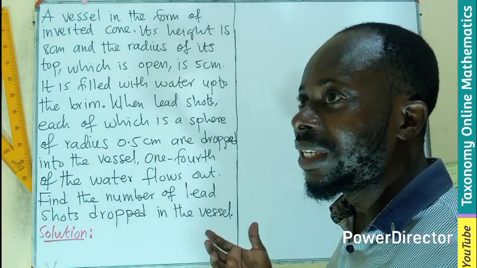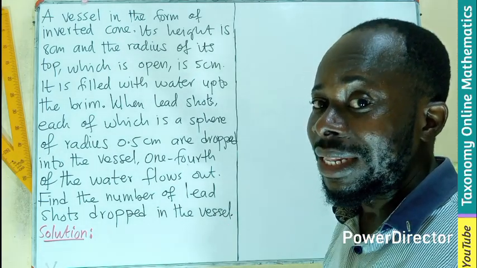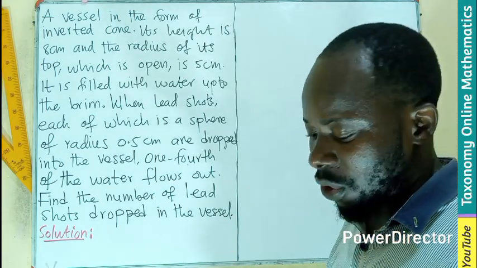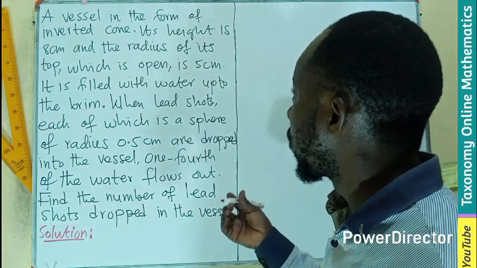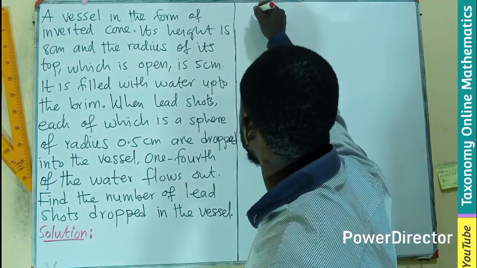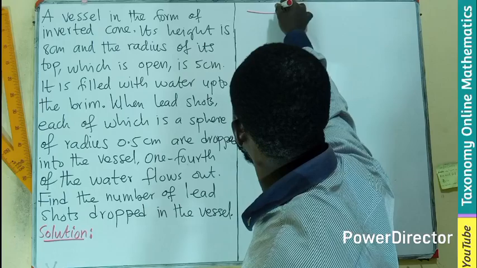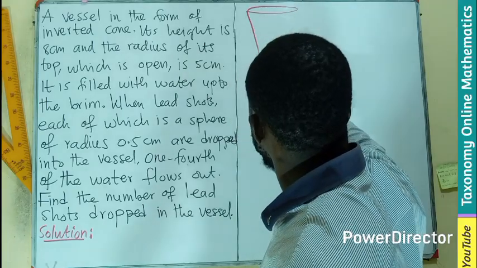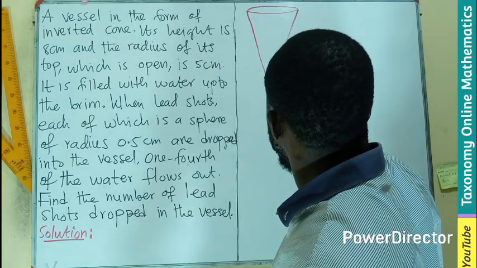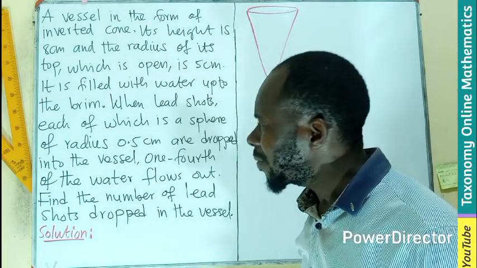But for questions of this nature, the first thing to do is to make a sketch of what the diagram will look like. A cone that is inverted. So I can have our inverted cone in this form. I think this is nice, right?